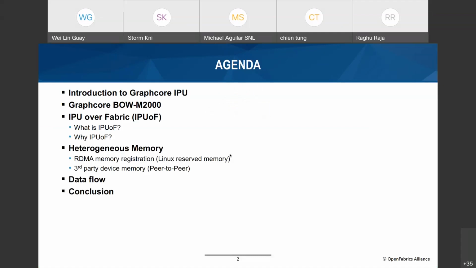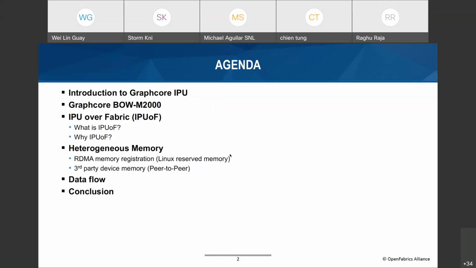This will be the agenda that we're going to cover today. First, we will briefly introduce the Graphcore IPU and also cover the current generation of the IPU platforms with the codename BOW M2000. Then we'll move on to the main topics, where we discuss what IPU Fabric is and why we developed IPU Fabrics.